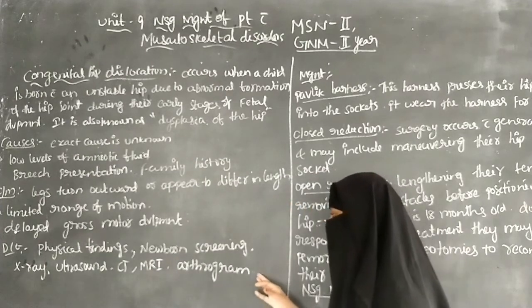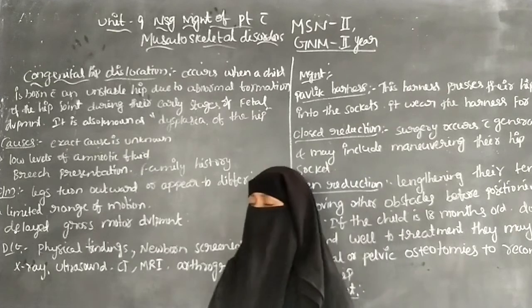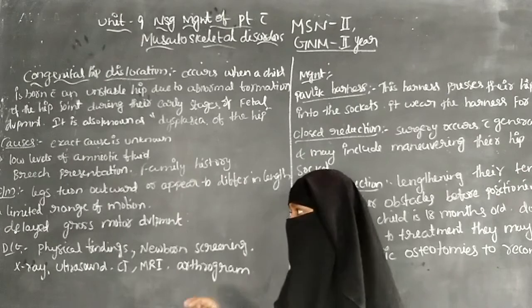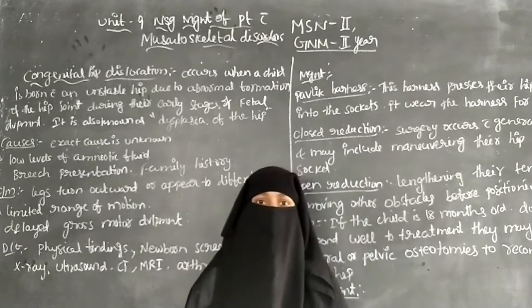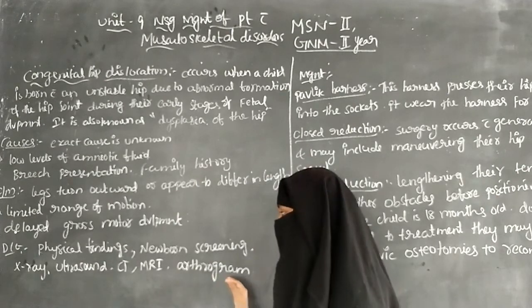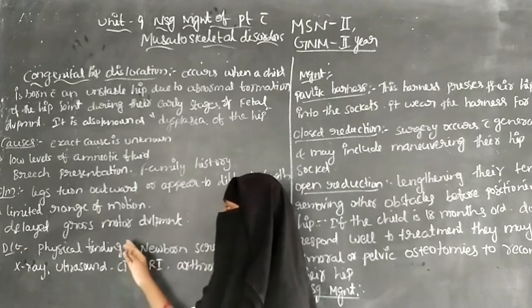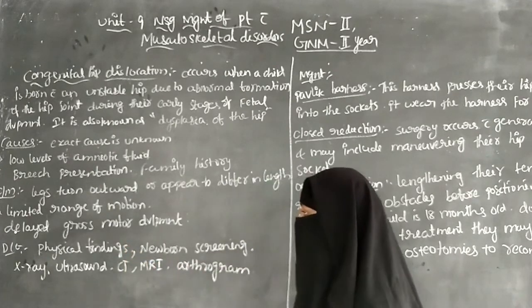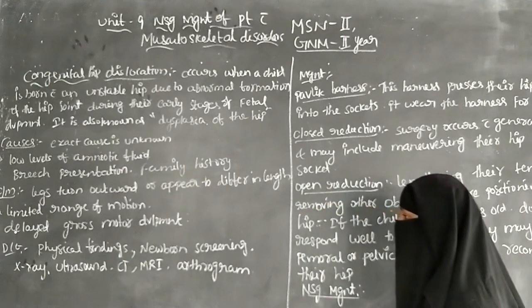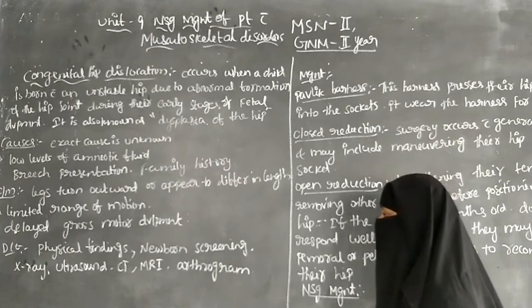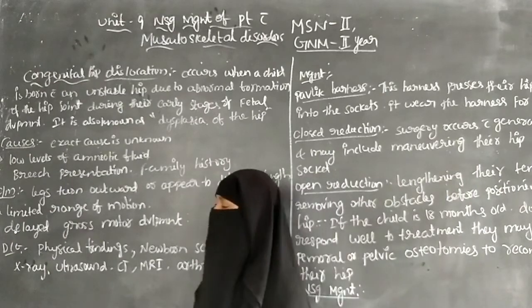The next one is arthrogram. It is like an X-ray, but contrast is injected into the body to give a clear image of the bone and hip joint. So the diagnostic evaluation includes physical findings, newborn screening, X-ray, ultrasound, CT scan, MRI and arthrogram.